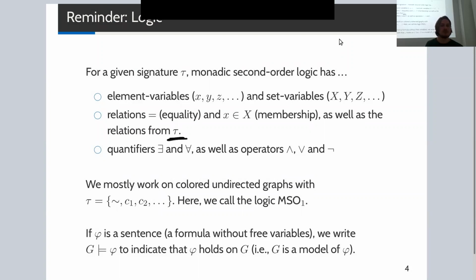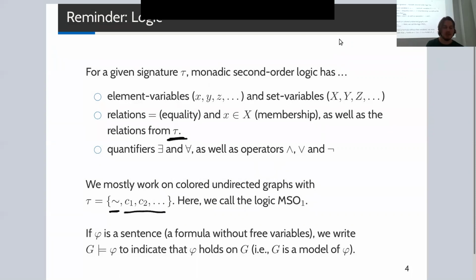Usually we considered the case where our signature tau contained the adjacency relation, which we denoted by tilde, and some set of colors, C1 for the first color, C2 for the second color. So these were unary relations. Today we'll also see why those colors are interesting and what you can do with them. And of course, you could existentially and universally quantify over these variables.